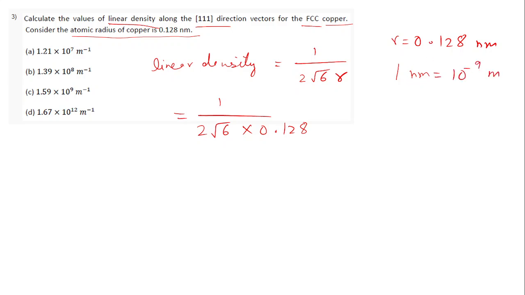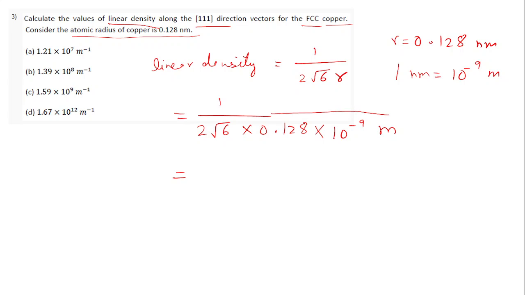A nanometer is 9 orders of magnitude smaller than a meter. This is the relation, and if I change it into meter, I will make it 10 to the power minus 9 meter.